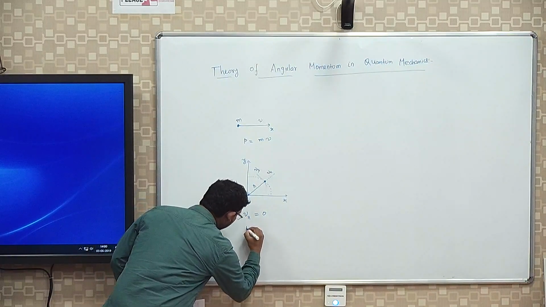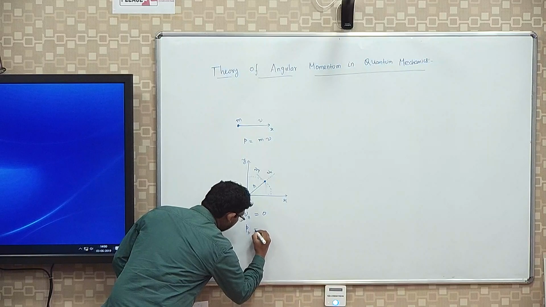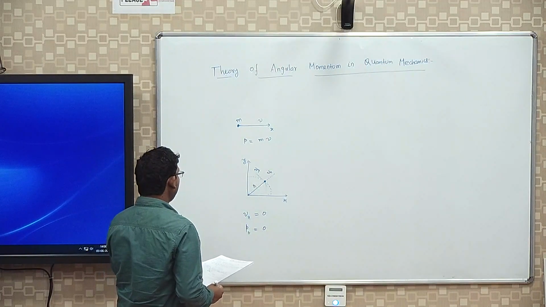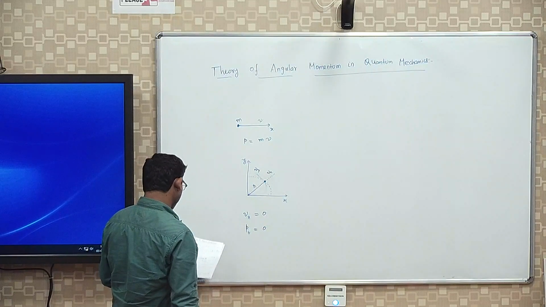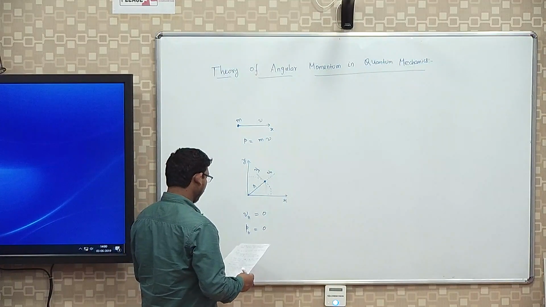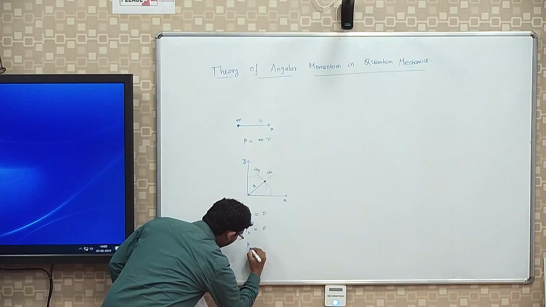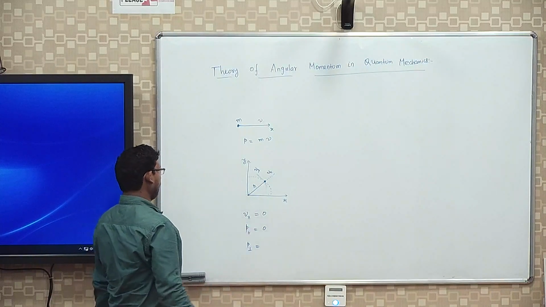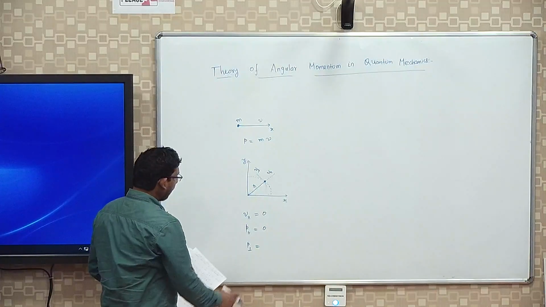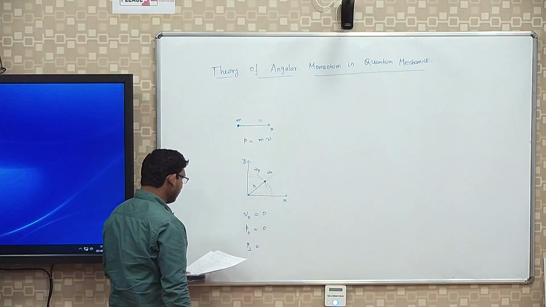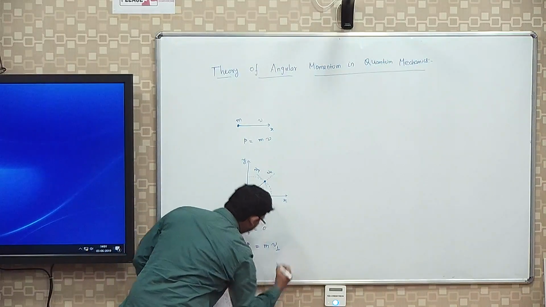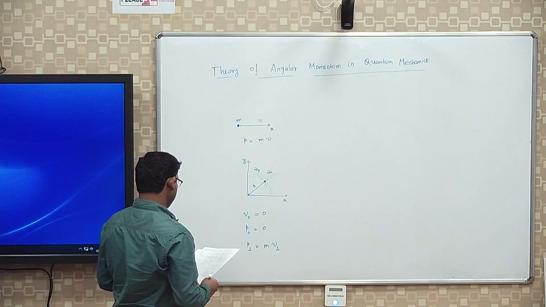So the momentum of the particle is also 0 along the radial component, but the momentum along the cross radial component has some value. This cross radial momentum p perpendicular to the radius of the circle is written as m v perpendicular.